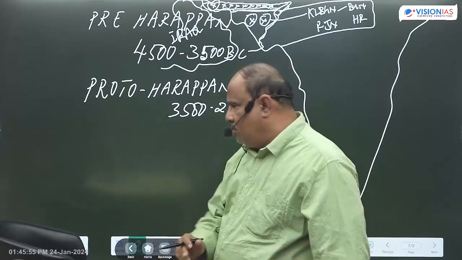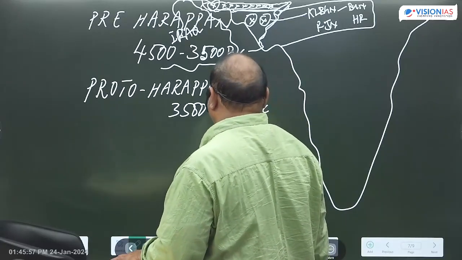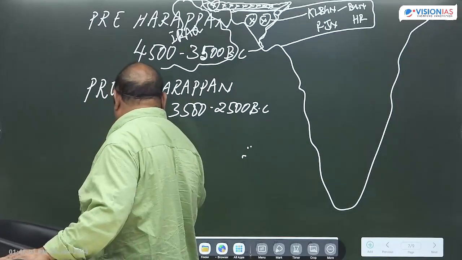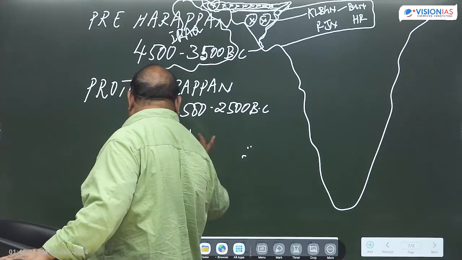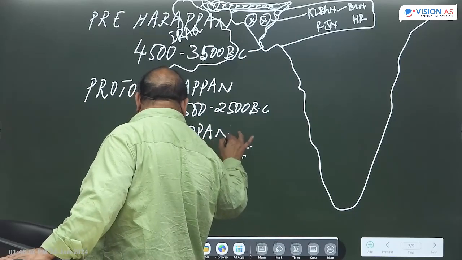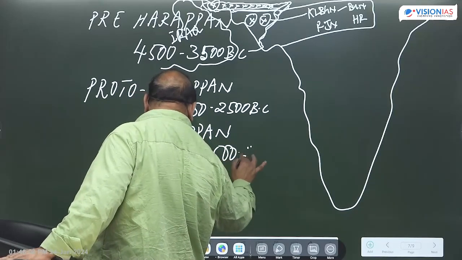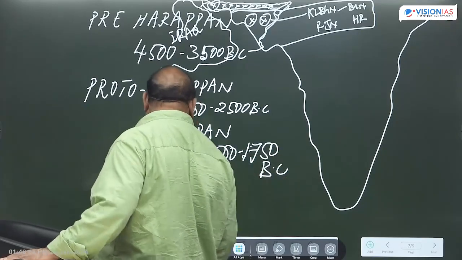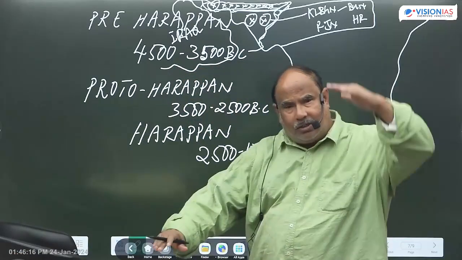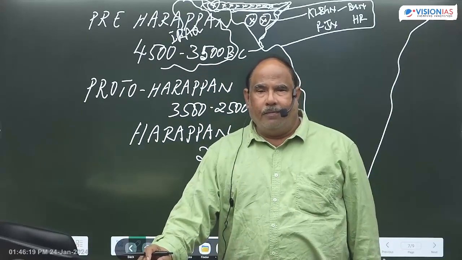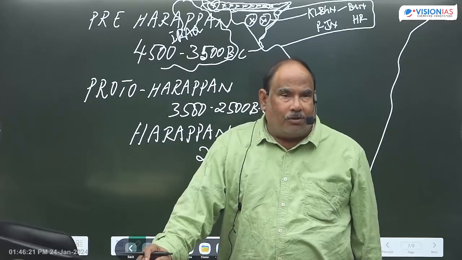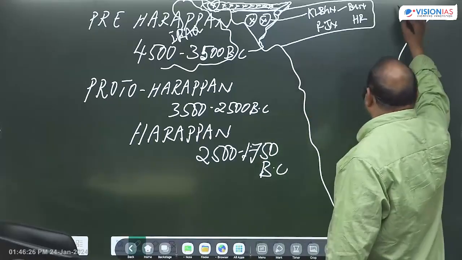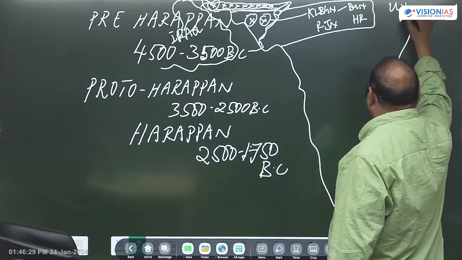Third stage, the Harappan. By the time the third stage called the Harappan stage started, 2500 to 1750, this is the exact age of Indus Valley civilization, the third stage, the highest stage of its development. Now you see how it got expanded. Indus Valley civilization went up to Alamgirpur in UP.